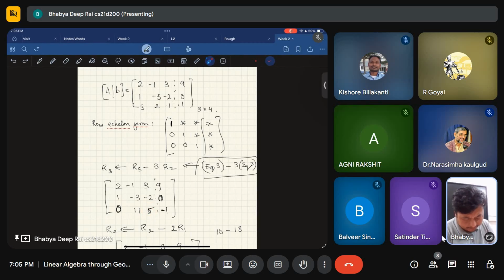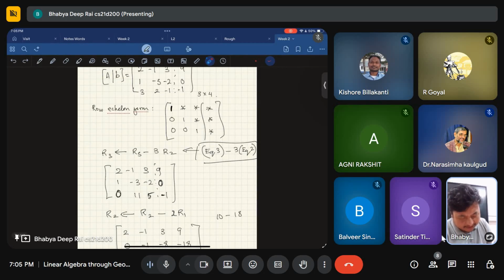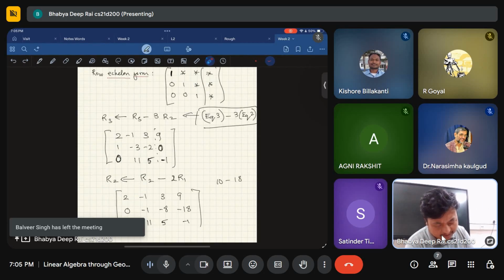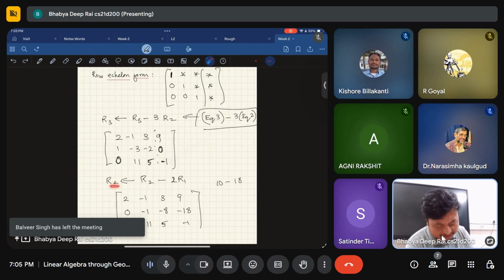This is minus into minus plus 2 times 3 is 6. Okay, good. And finally this one, minus 1 minus 3 times 0 is minus 1. Okay, this is correct.